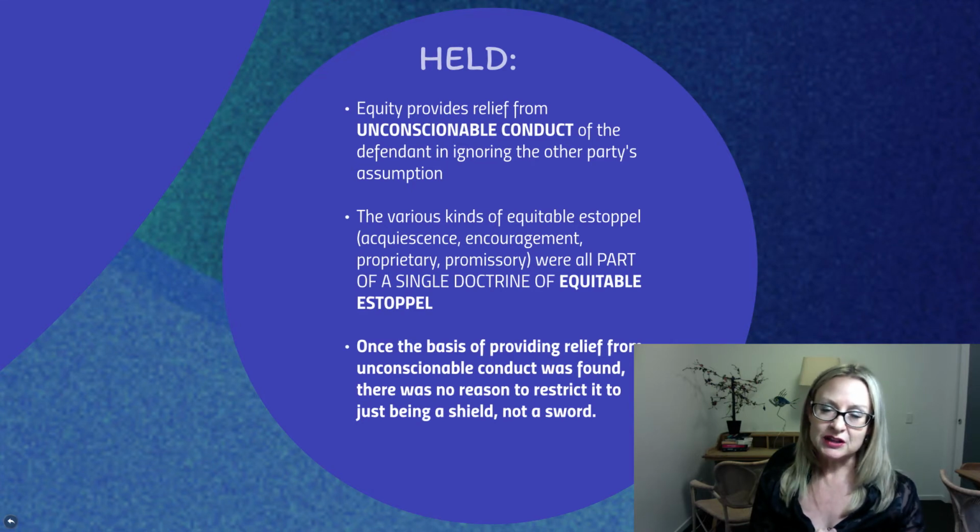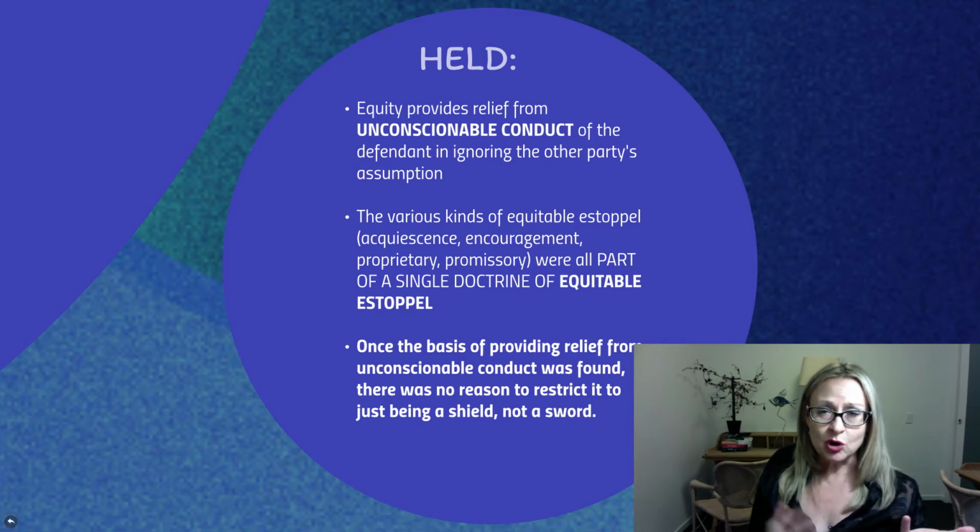And if you think about that and take a step back, if unconscionability is at the heart of Equitable Estoppel, and the whole point of the court stepping in is to prevent unconscionability, then there's no reason to limit it only to being used as a shield rather than a sword.